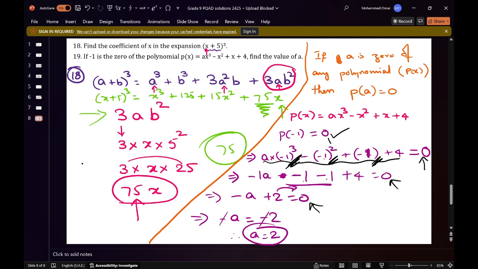Since these concepts are very important for PT3 also, try to make a new book, take the printout of these PQADs, stick it on the left hand side and write the answers in front of it. In the same way, do it for all PQADs, so that you will have a question bank with you before examinations, whether it is PT2 or PT3. Understood? I hope you understand this.